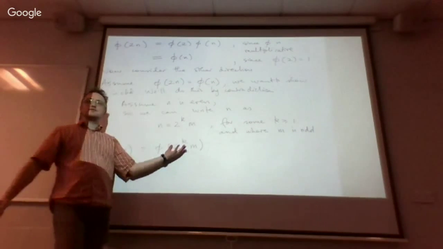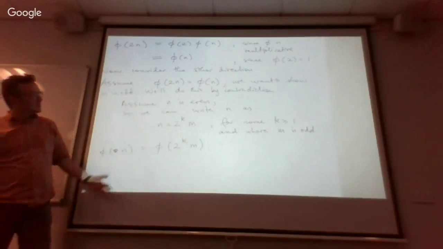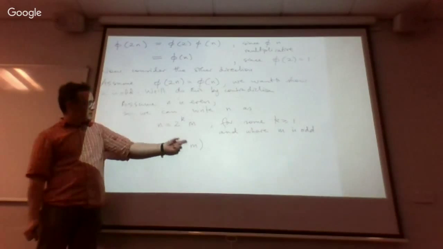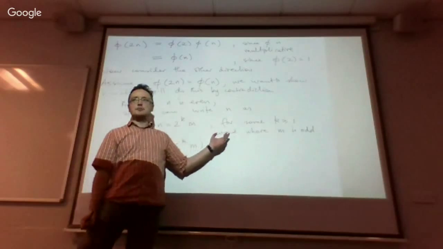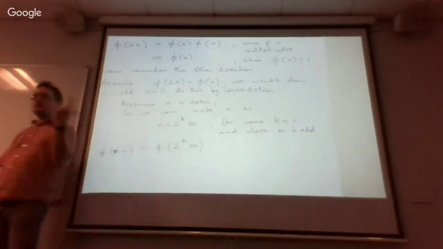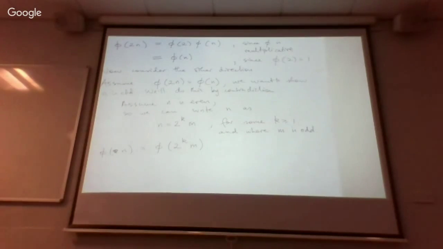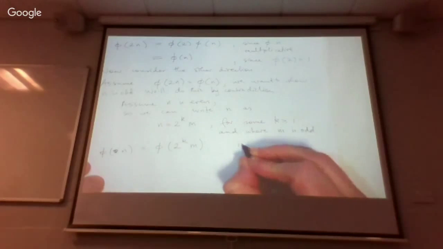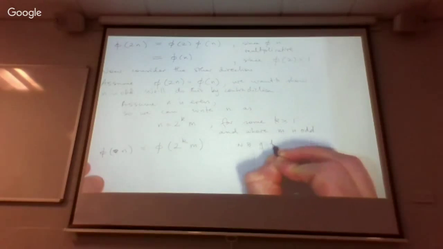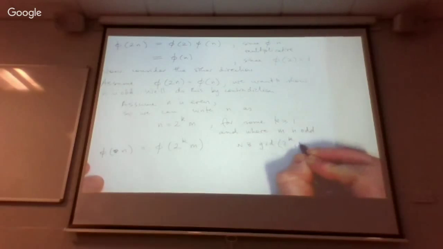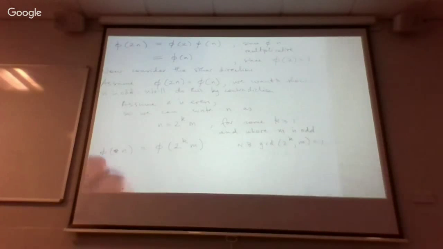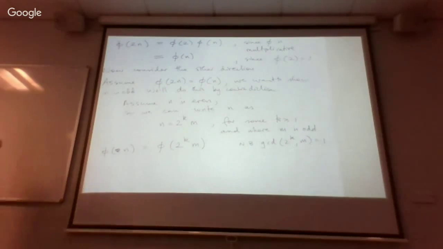Now we decided to write n as 2 to the power k times m. Now what should we do with this? Well, you see, I've just spelled out that we've got a bunch of 2's here, and m is an odd number. So these two factors are co-prime. Note, the GCD of 2 to the power k and m is equal to 1. Okay, because m is odd. It doesn't have any factors of 2.